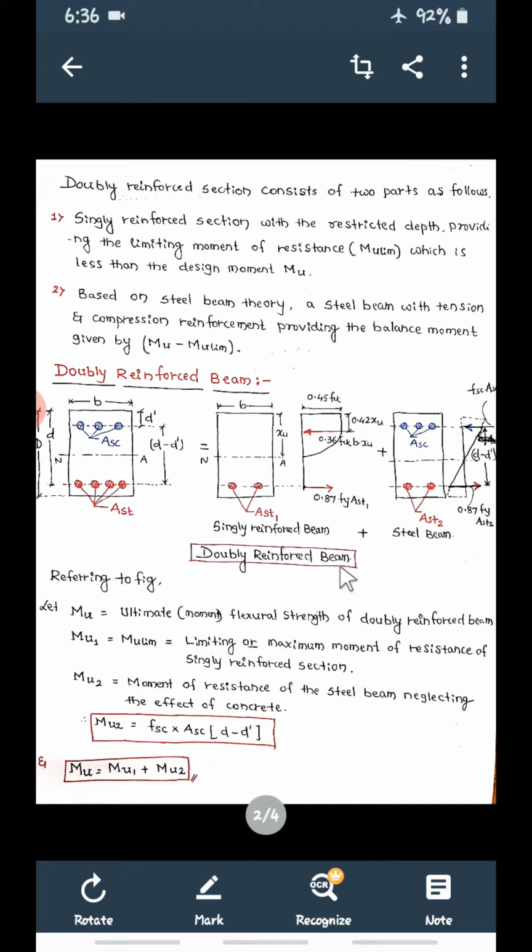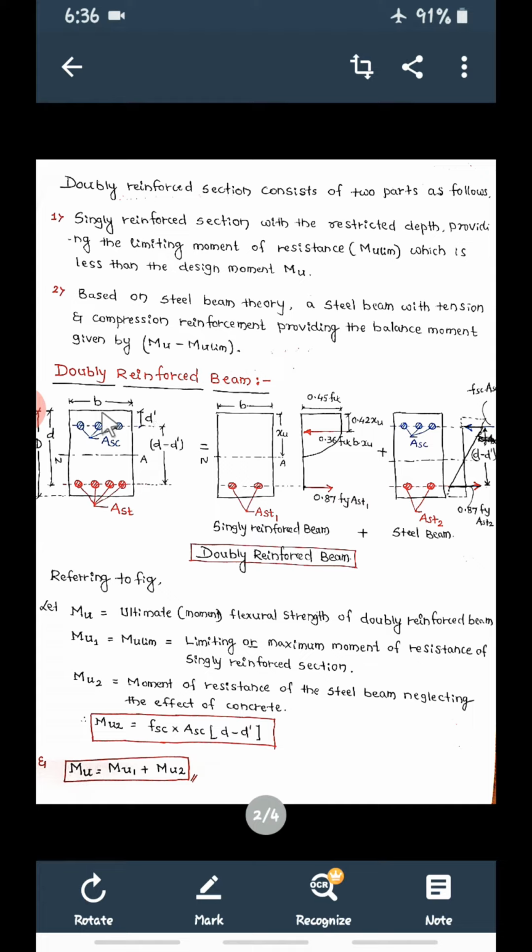Now as usual, you can see the width of the beam, then capital D, the overall depth of the beam, then AST, area of tension steel, ASC, area of compression steel, then the effective depth. This compression steel is provided at an effective cover of d dash. What is d dash?